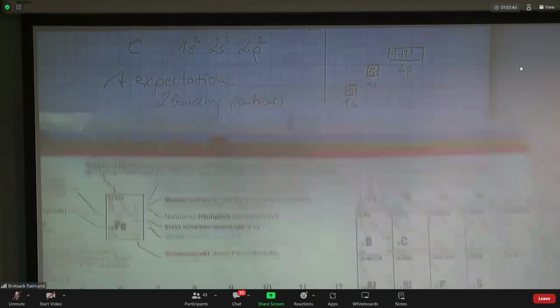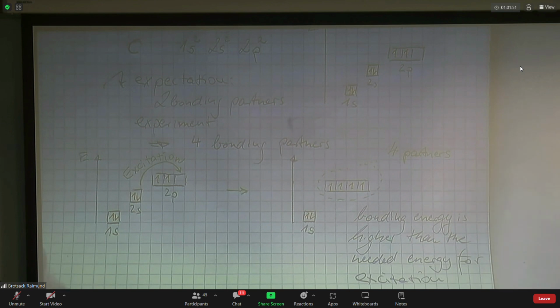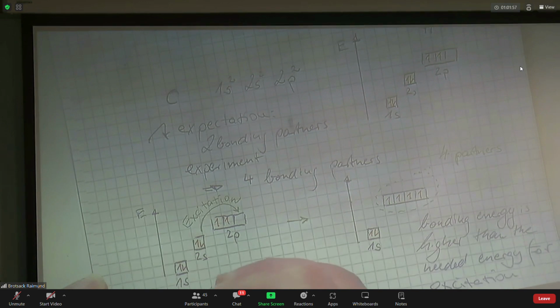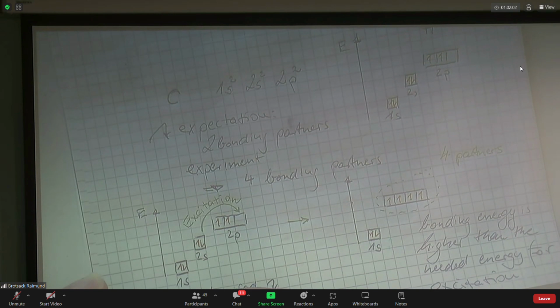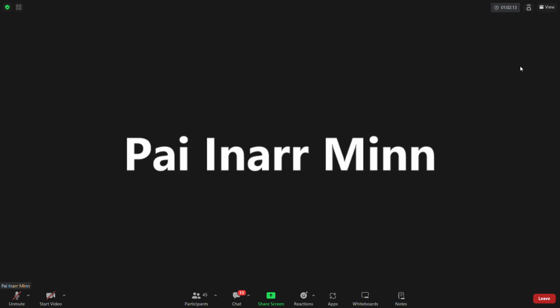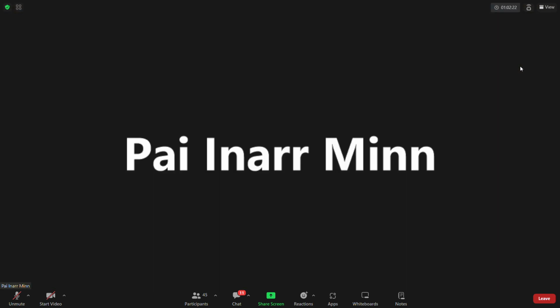In the second period, there are maximum 4 covalent bonds possible.